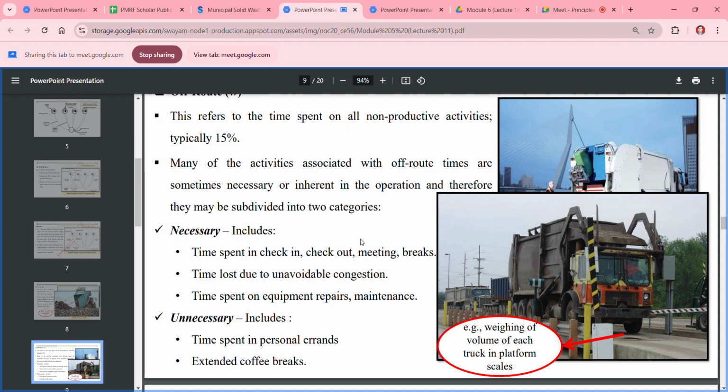These are necessary times. Then there are some unnecessary times also, like time spent in personal errands or extended coffee breaks. Like we have given a coffee break to the workers for 10 or 15 minutes, but they are taking more than the usual time for that coffee break. So that is known as off route time.